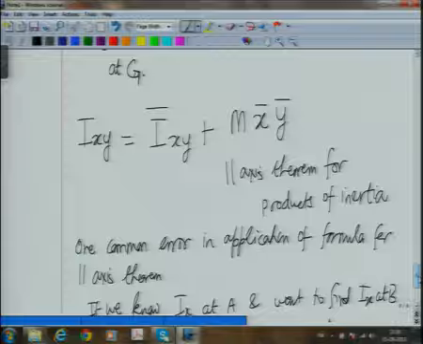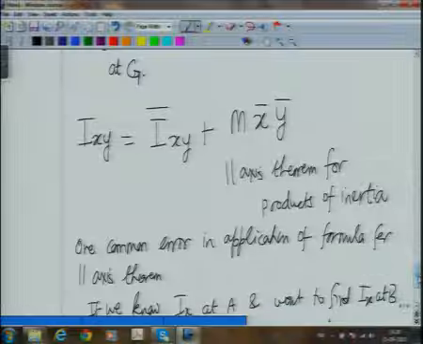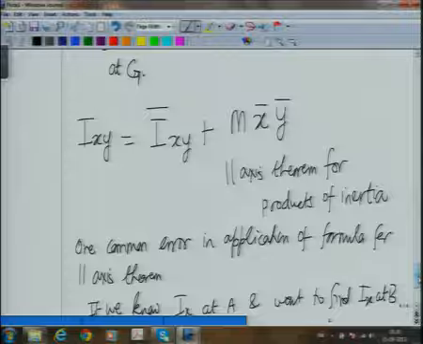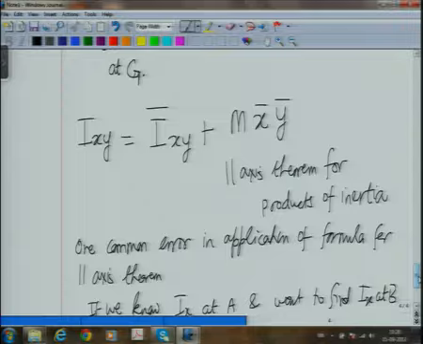But if you shift only along x, then this will not change, but moments of inertia will still change. Products of inertia will not change unless you shift with respect to the center of mass at least along two of the three axes. If you shift only along one, products of inertia will not change because of the product involved.